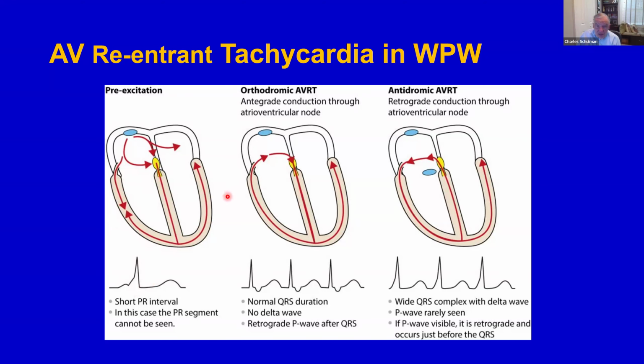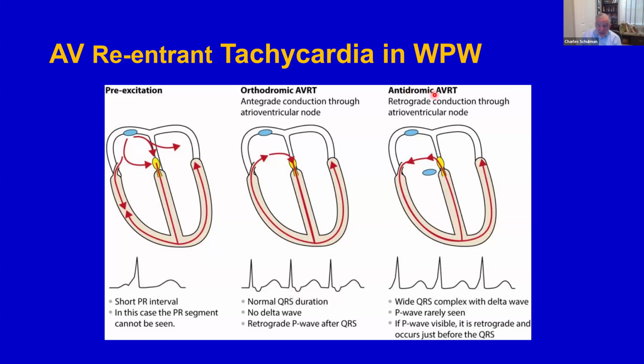You can have two kinds of AV reentrant tachycardias. In an orthodromic AV reentrant tachycardia, the impulse travels down the AV node and back up the bypass tract. Okay, giving you a narrow complex with a retrograde P wave and no delta waves.